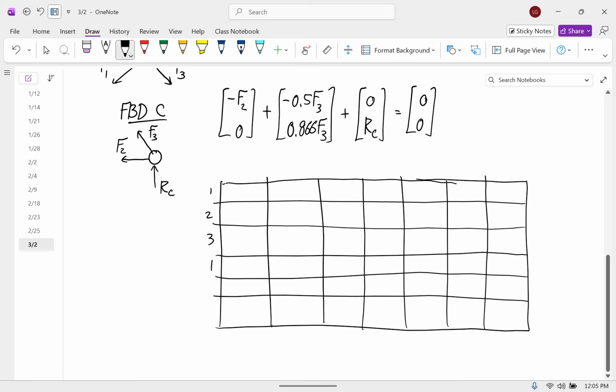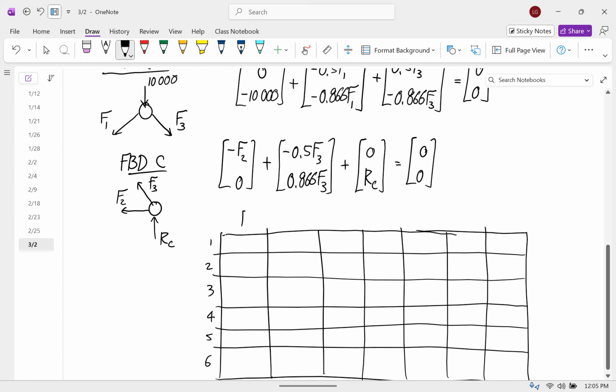The equations 1, 2, 3, 4, 5, 6. The forces F1, F2, F3, and then RAX, RAY, RC, and then the constants.